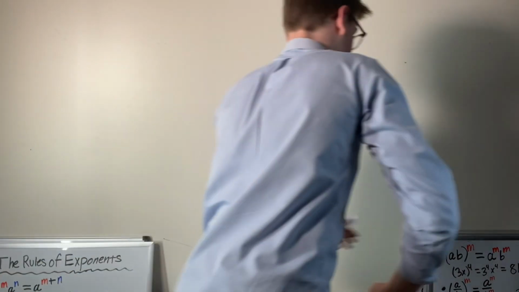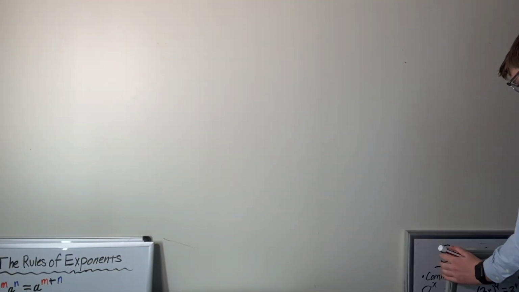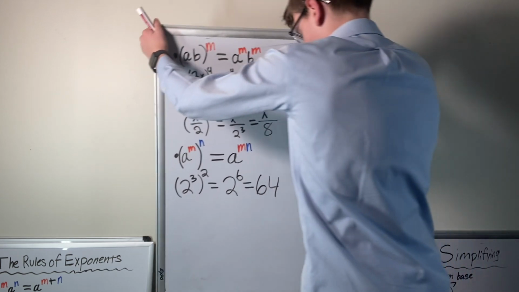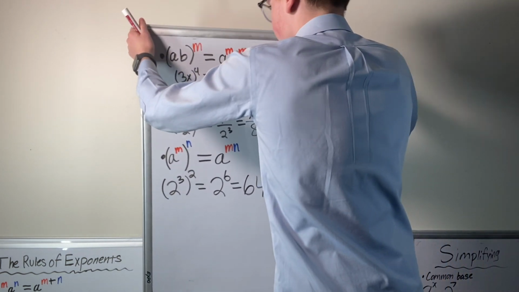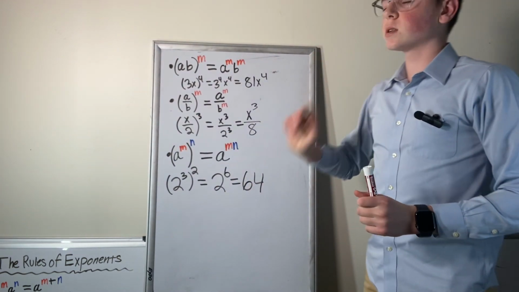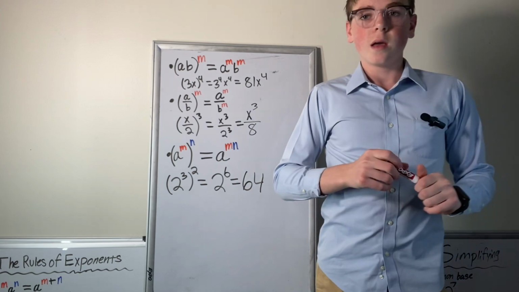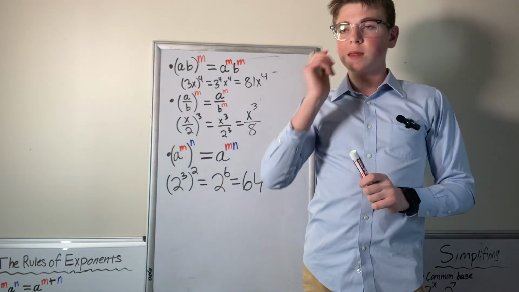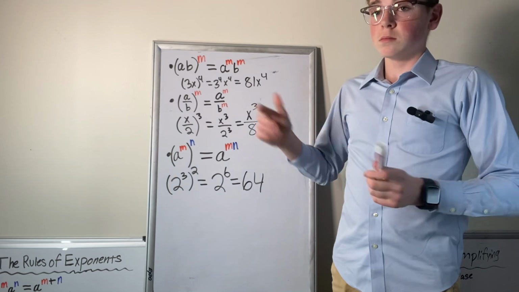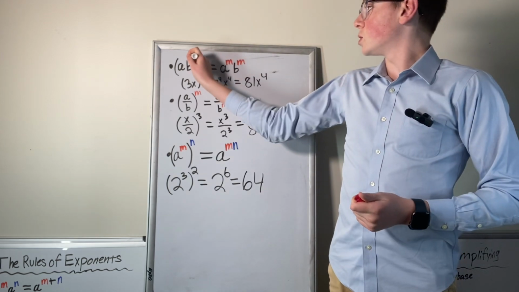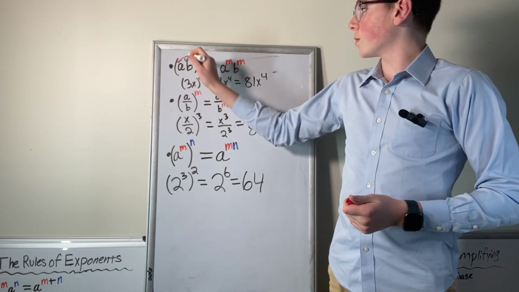So let's keep moving. Some more rules of exponents. Just a couple more. So ab all to the m is equal to a to the m times b to the m. Yeah, so you just distribute this m into it.